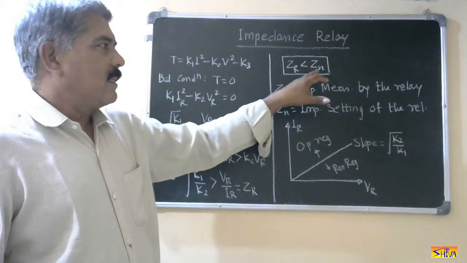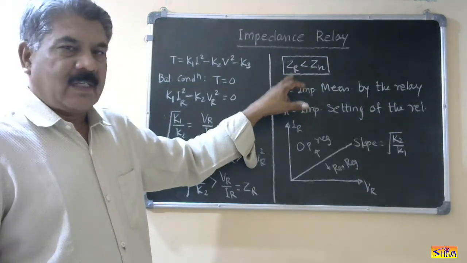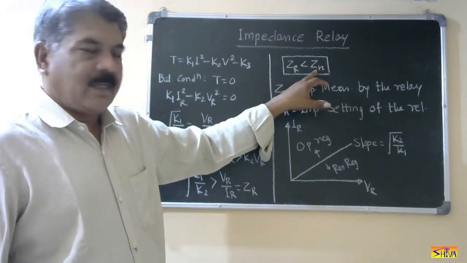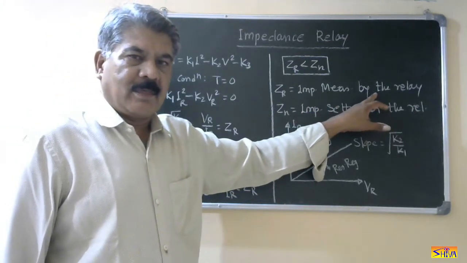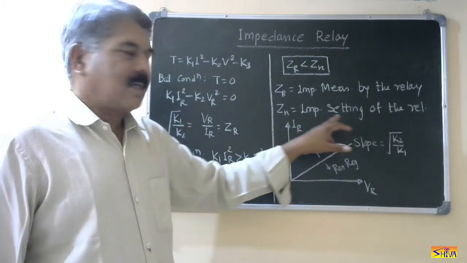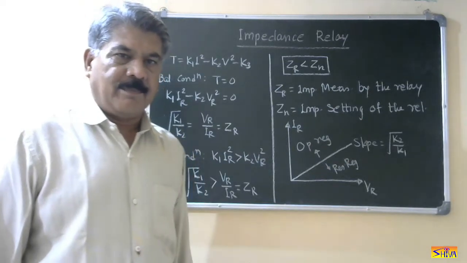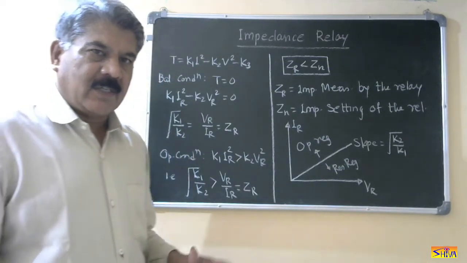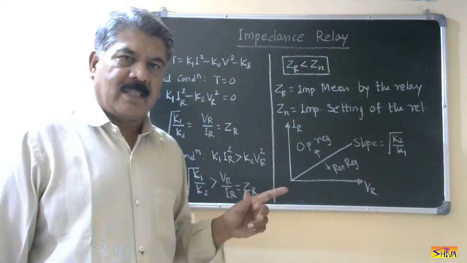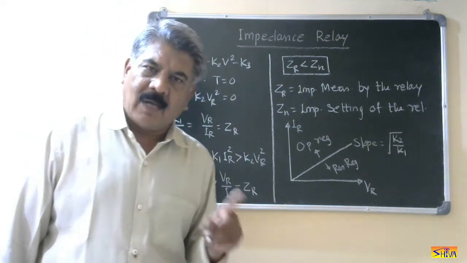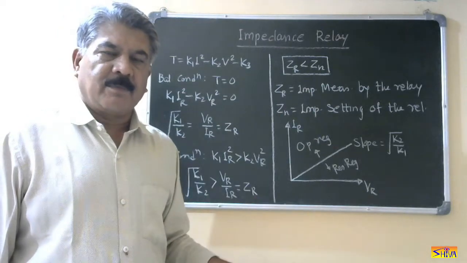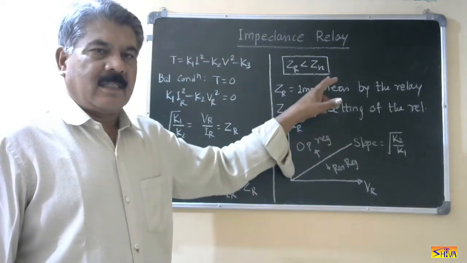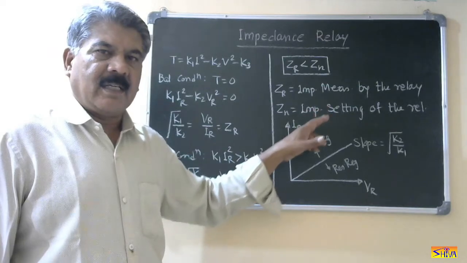We write this as Zn. The operating condition is ZR should be less than Zn, where ZR is called as impedance measured by the relay and Zn is called as impedance setting of the relay. So for further discussion, whenever I represent VR, that will be voltage measured by the relay, IR current measured by the relay, ZR impedance measured by the relay, and Zn is the impedance setting of the relay.